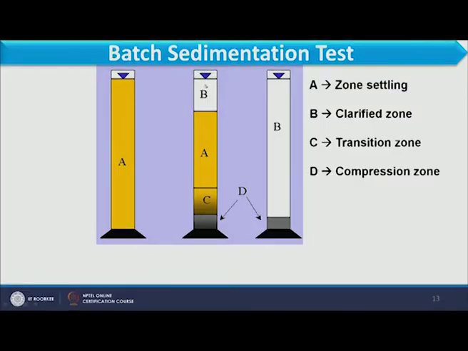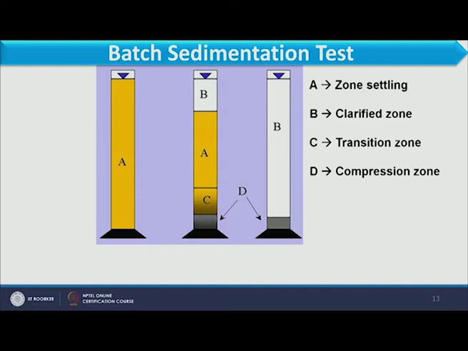Now, what happens after some time? We have 4 regions in this cylinder. At the top we have the clarified zone, that is, clear liquid appearing, and below this we have the zone settling, which we also call the thickening zone. Here in the thickening zone, the concentration of the solution will be almost uniform.